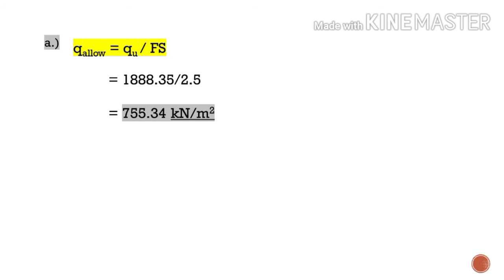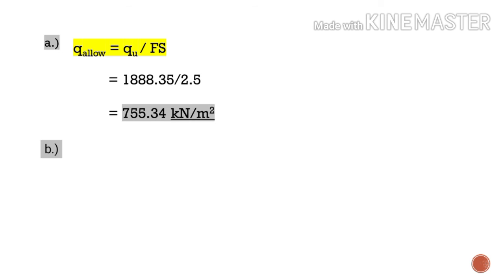To answer the first problem, the allowable bearing capacity, we use the same formulas as in the previous examples, substituting our Q sub U divided by the factor of safety of 2.5, and you get 755.34 kilonewton per square meter.